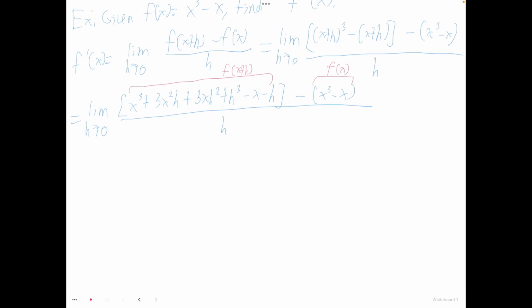So now we're going to cancel off like terms. So the limit as h goes to 0, and canceling things off, we've got an x cubed here minus x cubed here. We have a minus x here plus an x here.